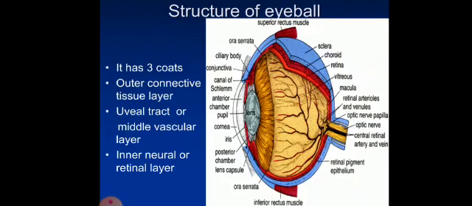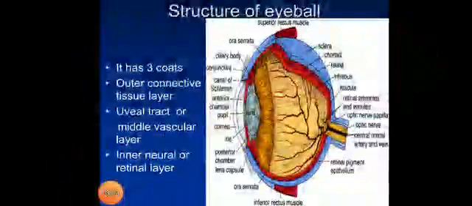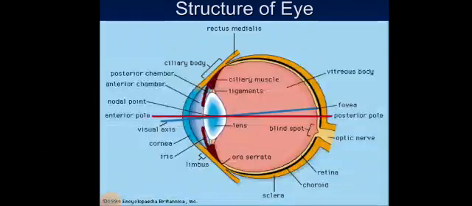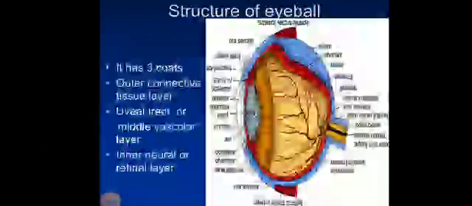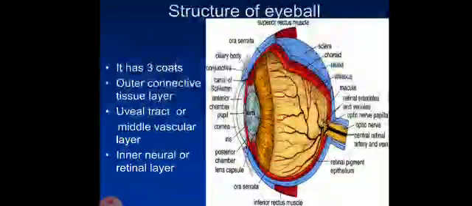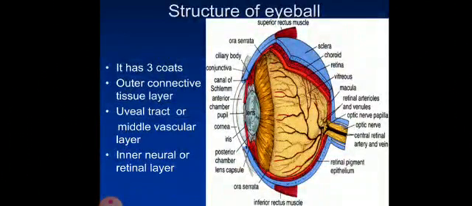We go to the next slide, where you can see the structure of the eyeball. In the structure of the eyeball, the outermost layer is transparent in its anterior part, called the cornea, and the rest, the opaque area, we call the sclera.